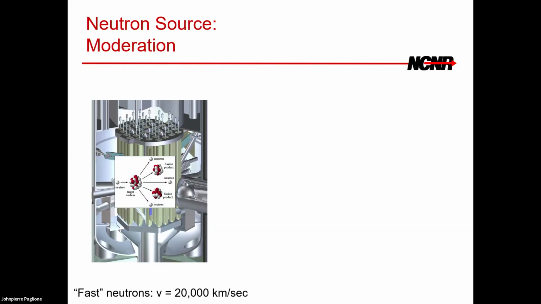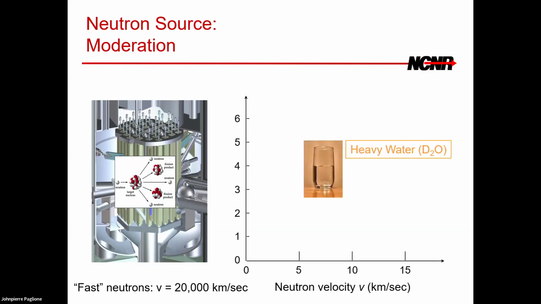Then you need to thermalize them because they're coming out with MeV of energy, but it's big M, millions of electron volts. And you need to thermalize them down to milli-electron volts. So you need a moderator, for example, like heavy water, which is what we use.